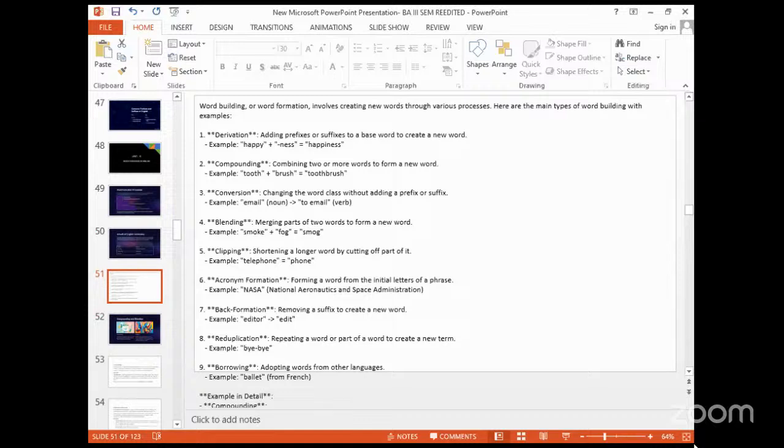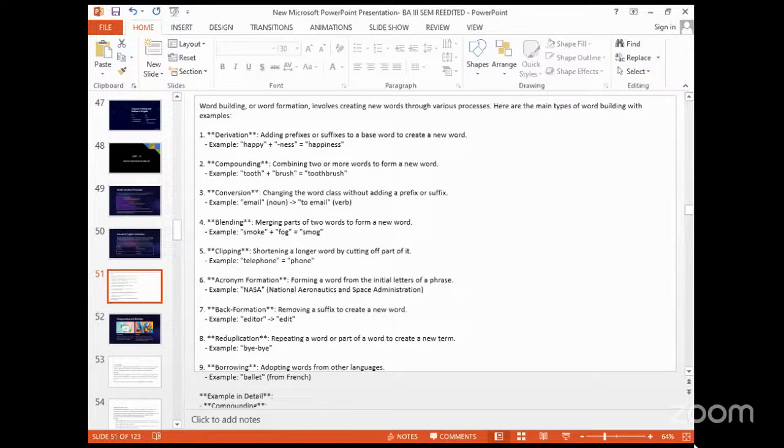Then there is something called compounding. What is compounding? It's a process of linking together two words to form another word. For example, air and conditioner together form the compound air conditioner. Now, a compound can also be formed by using an existing compound and adding another word to it.